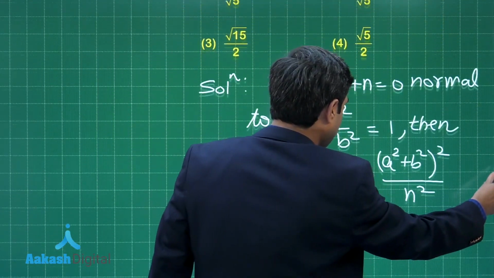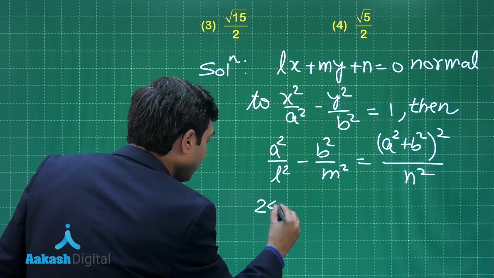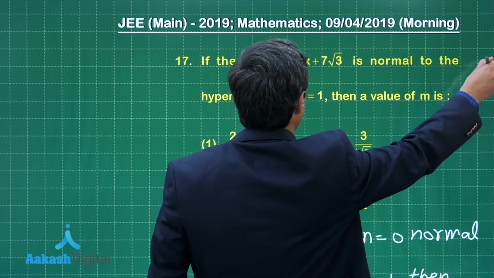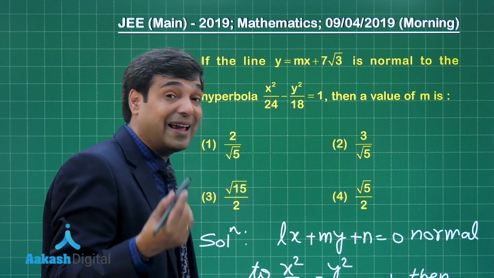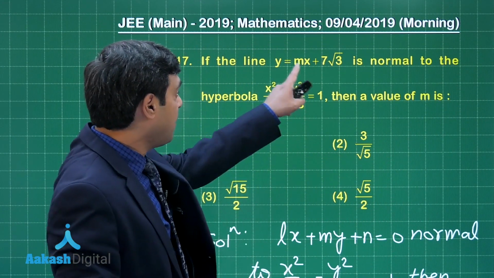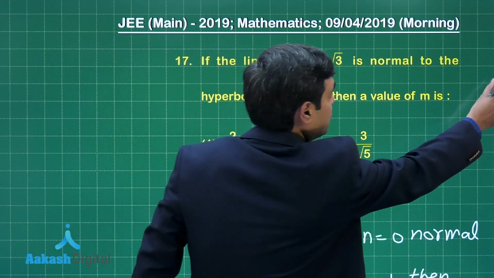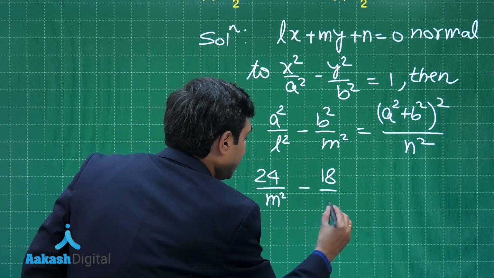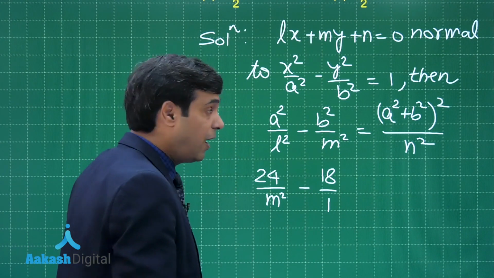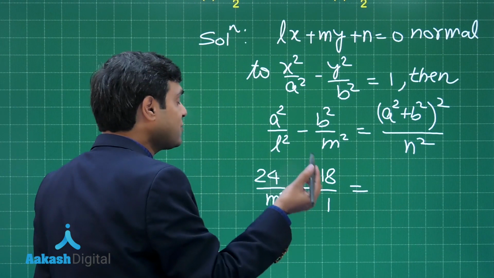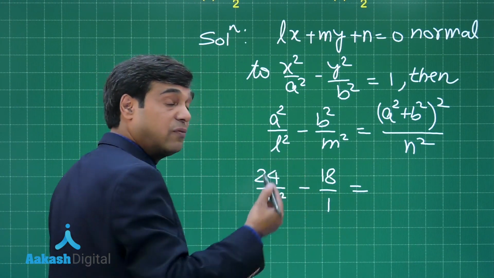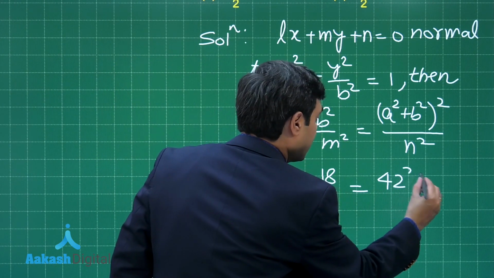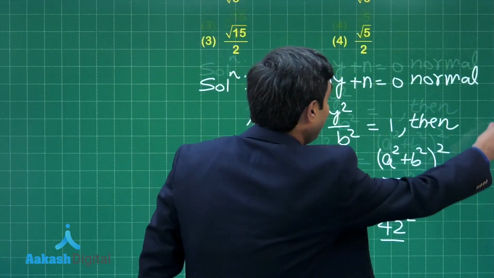So let's write down the result. Here you have 24, here you have 18. Now l² and m², that is from the coefficients of x and y in the line, it is m and minus 1. So let's put here divided by m², divided by (−1)², that is simply 1, is equal to (a² + b²)², that is (24 + 18), that is 42 squared, divided by n².